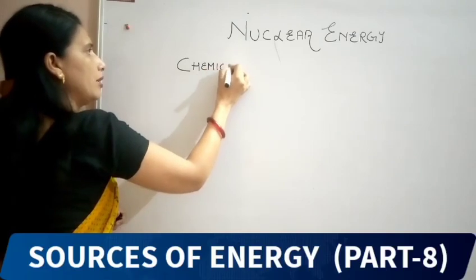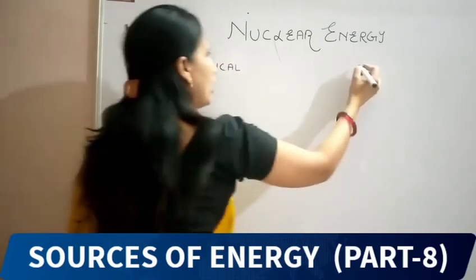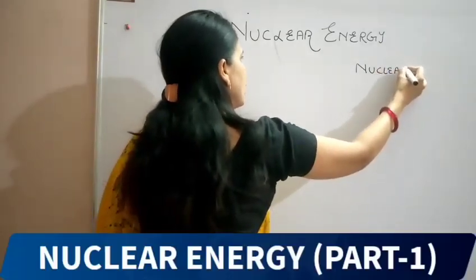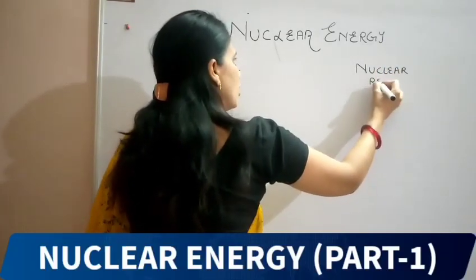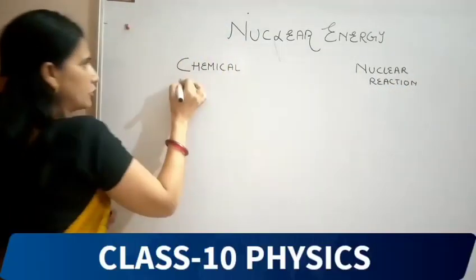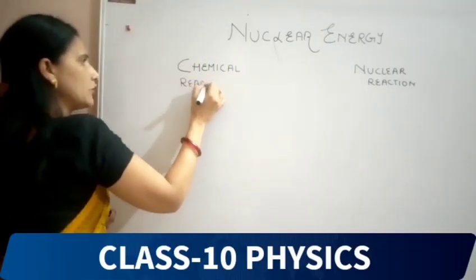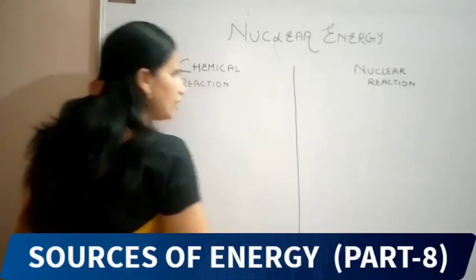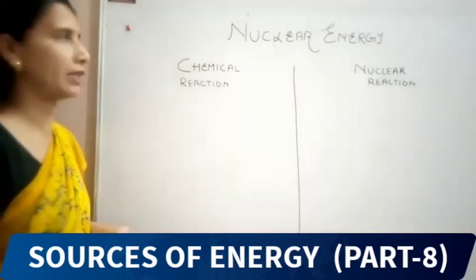What does a chemical reaction stand for, and what are the differences between a nuclear and a chemical reaction? We have all studied chapter 1, chemical reactions, so we can easily form the points of a chemical reaction.